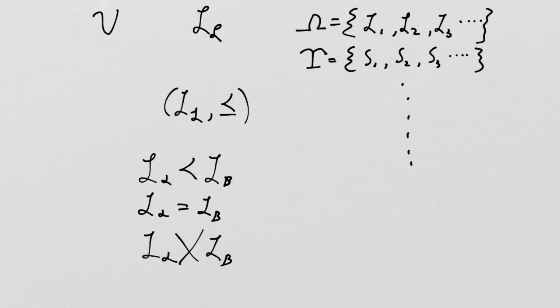If it is comparable with another element, however, it's got to obey certain rules. So if L alpha is less than or equal to L beta, and L beta is less than or equal to L gamma, then of course L alpha is expected to be less than or equal to L gamma. So it's got to be transitive.